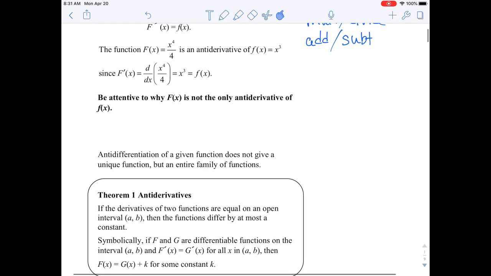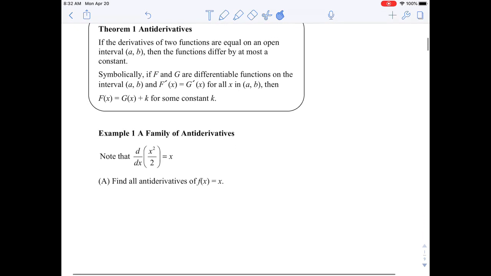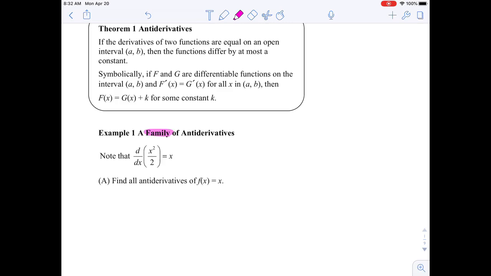So we're working backwards. What happens is when we take the antiderivative, we are actually coming up with a family of antiderivatives.